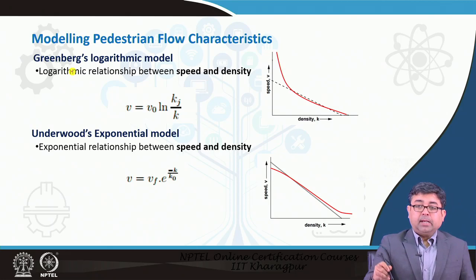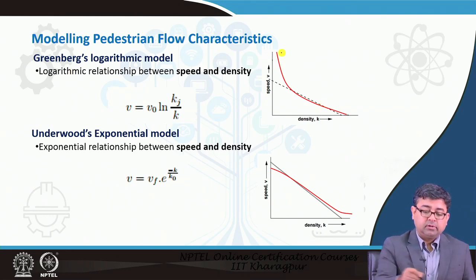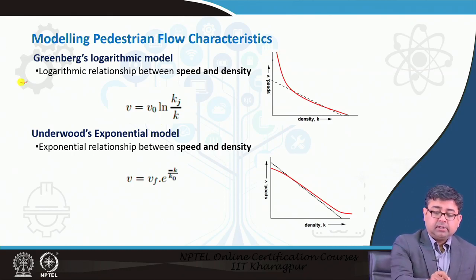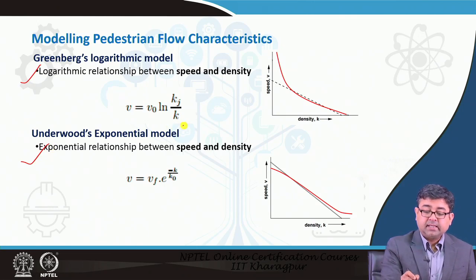Like I said, this is a very simple relationship between speed and density, which is linear, which is what Greenshields found out. However, there are two other relationships that are also used, where the equations are a bit different.